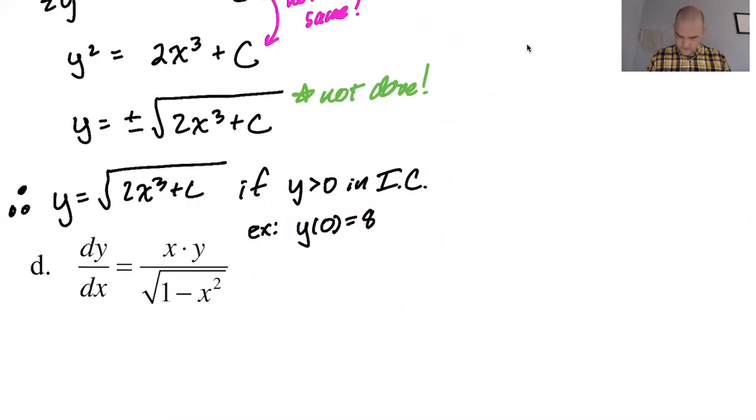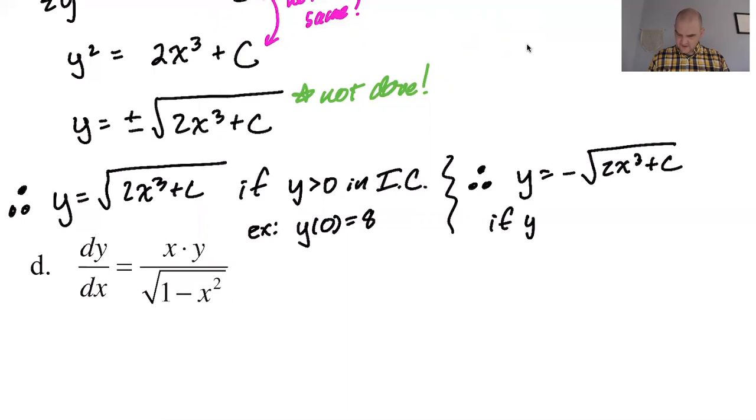Similarly, y is equal to negative radical 2x cubed plus c if y is less than 0 in the initial condition.